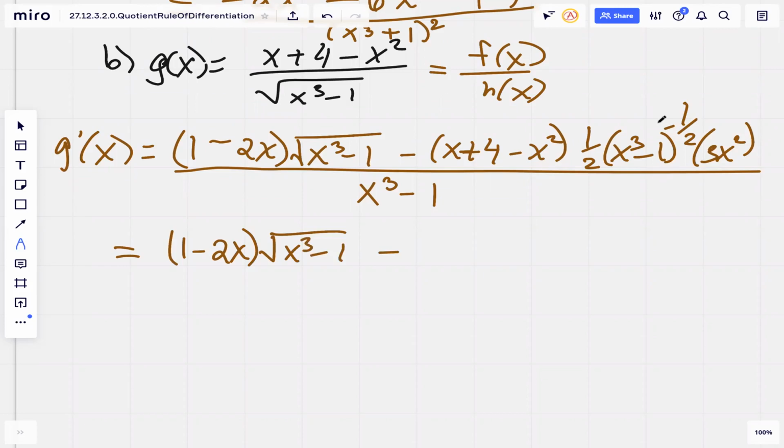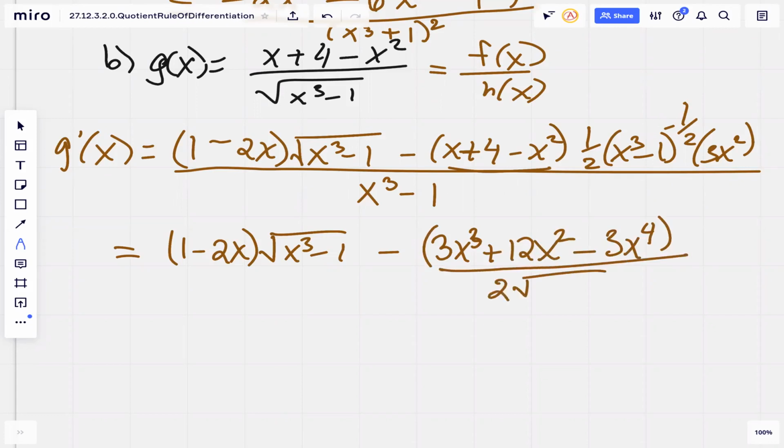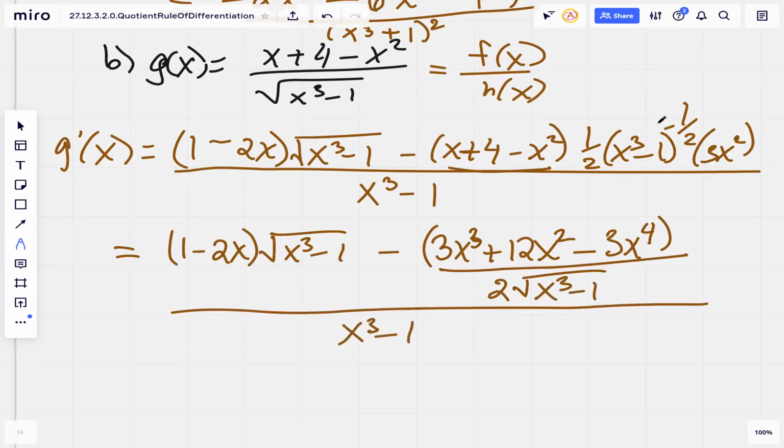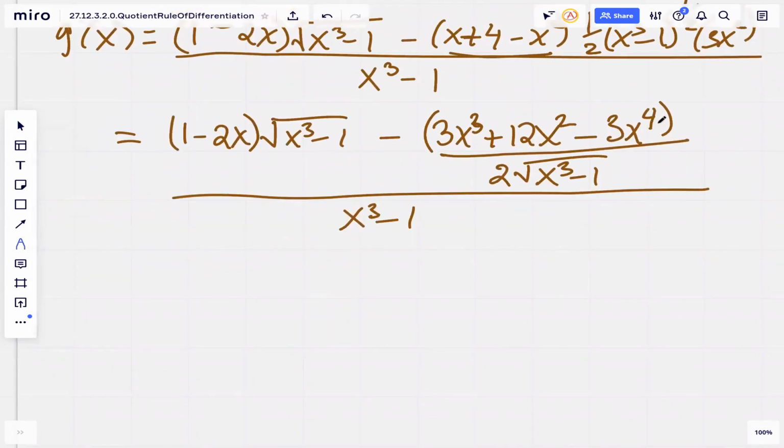We can multiply the 3x squared into this first bracket, so then we get 3x to the power of 3 plus 12x squared minus 3x to the power 4, and all of this is over 2 times the square root of x cubed minus 1. And all of this is over x cubed minus 1.